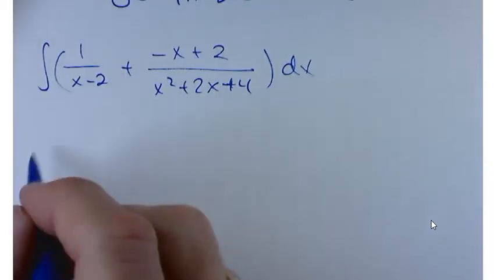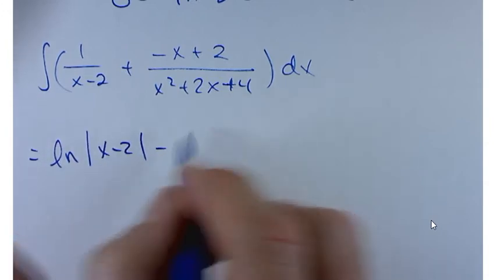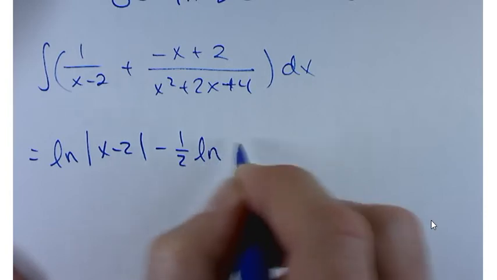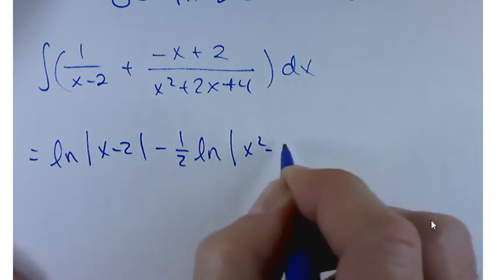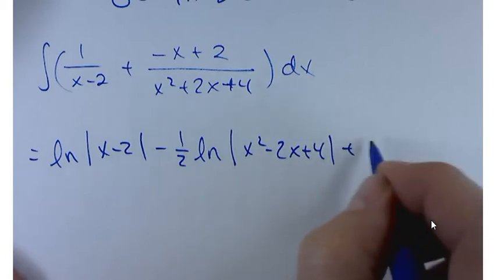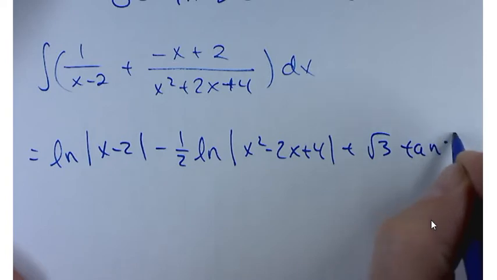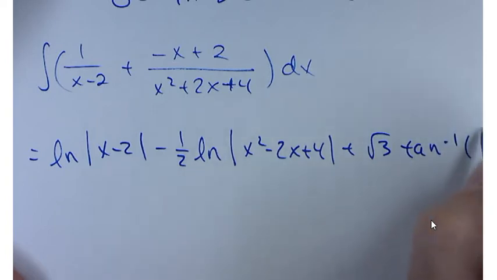In case you're curious, the final answer is the ln of x minus 2 minus 1/2 the ln of x squared minus 2x plus 4 plus square root of 3 times the arctan of x plus 1 over the square root of 3 plus a constant.